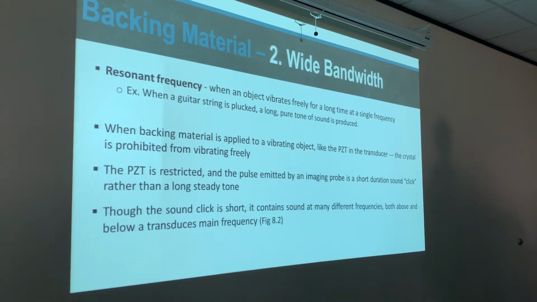Say we have a 12 megahertz transducer. 12 megahertz is our resonant frequency. That's our main frequency. But a 12 megahertz transducer may also operate at 13 megahertz. It may also operate at 10 megahertz at some point. But the main or resonant frequency is 12 megahertz.